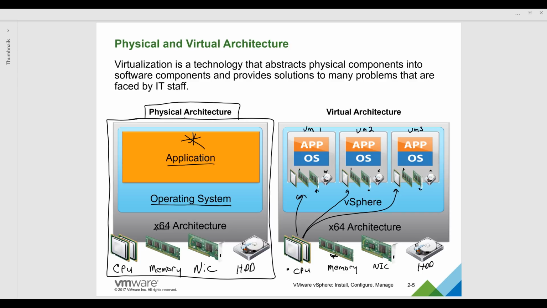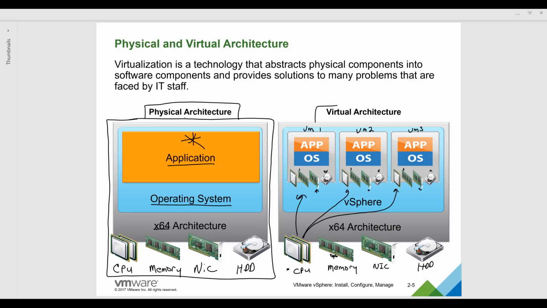Now the good part about this is this enables you to consolidate and run multiple workloads on virtual machines on a single computer. So with that being said, a virtual machine is a computer that's created by software like a physical computer that runs the operating system and its applications.